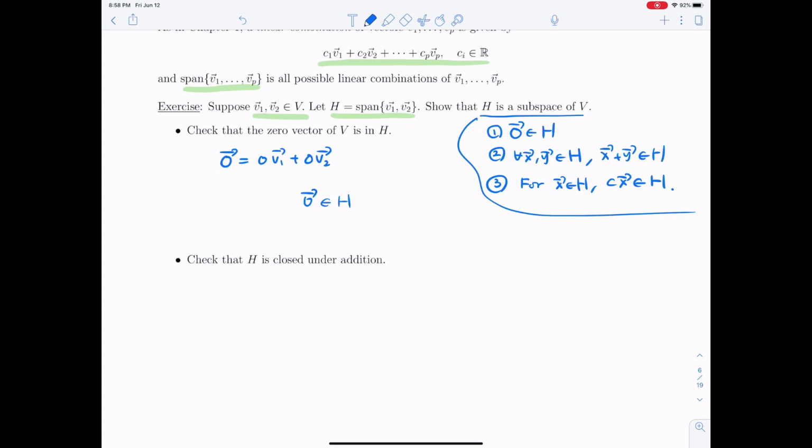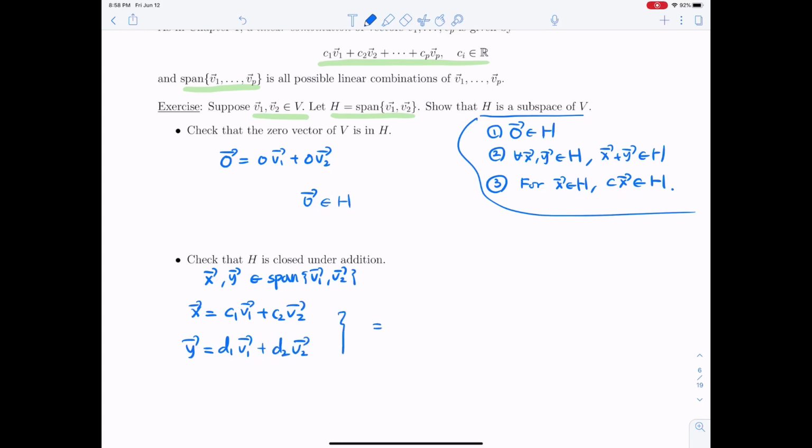Second, if you take any elements x and y inside the span of v1 and v2, then we can write x as a linear combination of v1 and v2, and y as a linear combination of v1 and v2 as well.